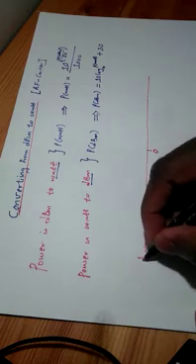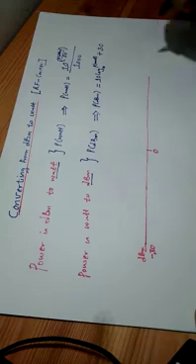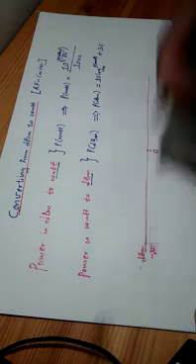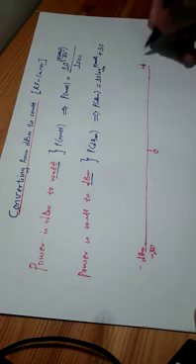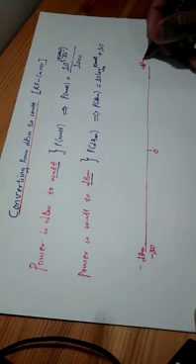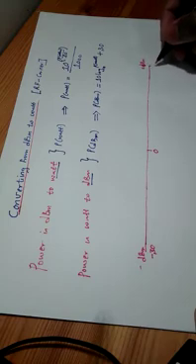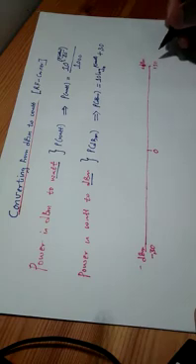So this will be a minus dBm line, and here would be a plus dBm line. And here, let's say we have plus 30, right?